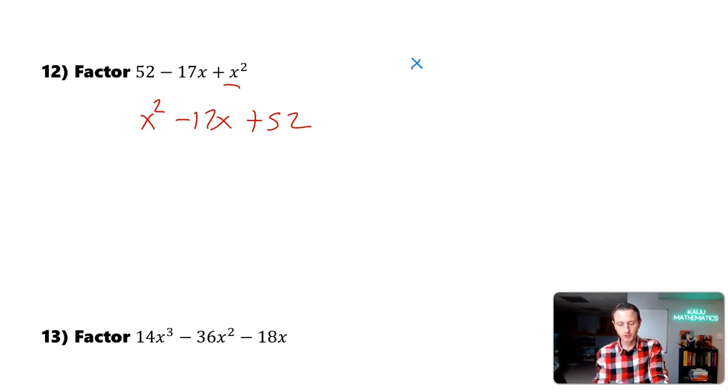And then we're just looking for two numbers that multiply to 52 and add up to negative 17. So multiplying to a positive, adding up to a negative is going to be negative 4 and negative 13. That's positive 52, and negative 4 plus negative 13 is negative 17.